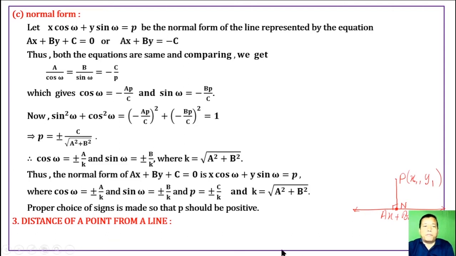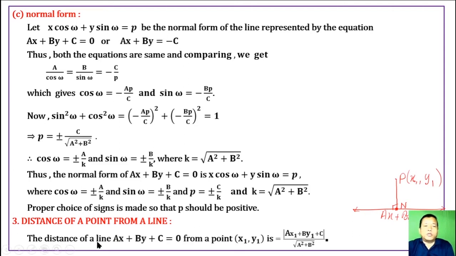For finding this perpendicular, the distance of a line from a point x1, y1 is this, modulus of this divided by square root of a square plus b square. x is replaced by x1, y is replaced by y1 plus c, whose modulus is divided by this, so that the distance is positive.